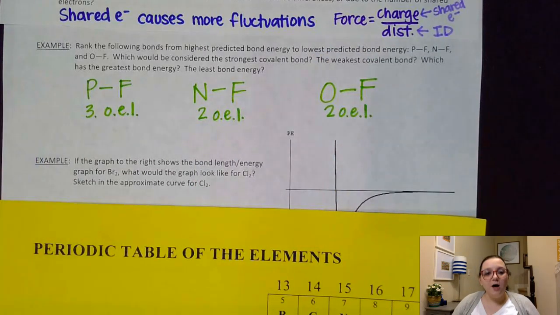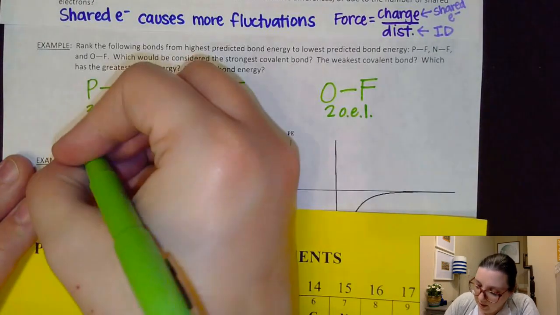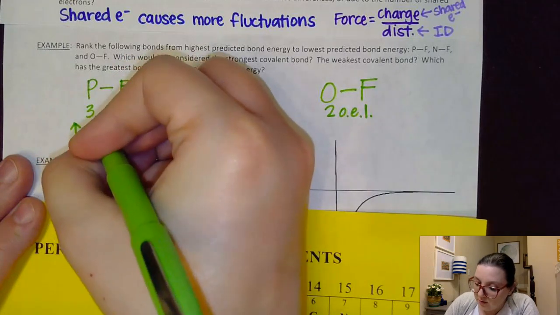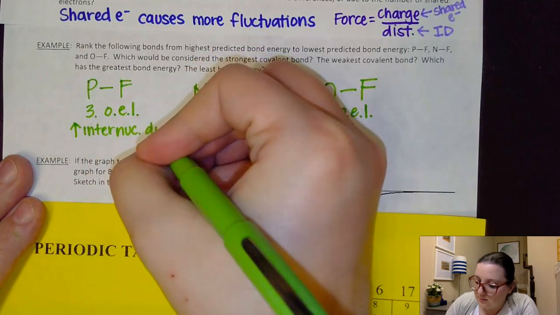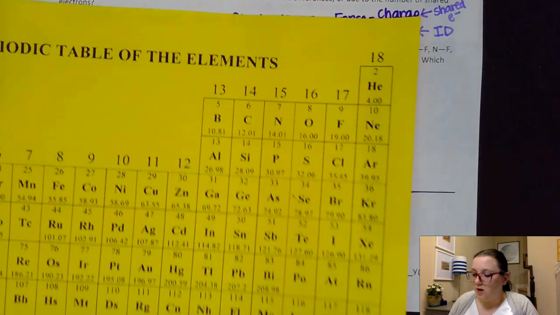Okay, so right off the bat, I already know that this guy here is going to have the largest internuclear distance. That's going to be the biggest, right? If I have the most occupied energy levels there, then that's going to be the largest. Now, on the other 2, I have to use my noggin here. Think about nitrogen versus oxygen.